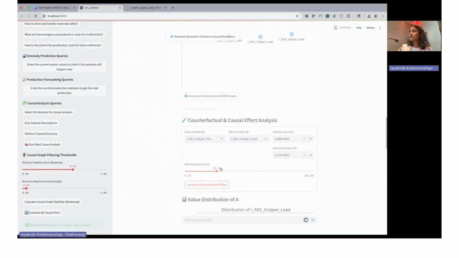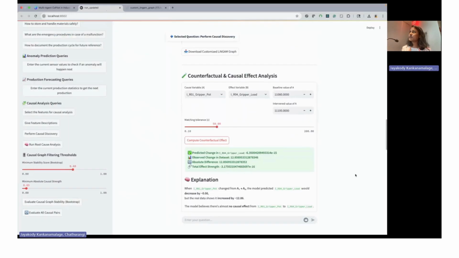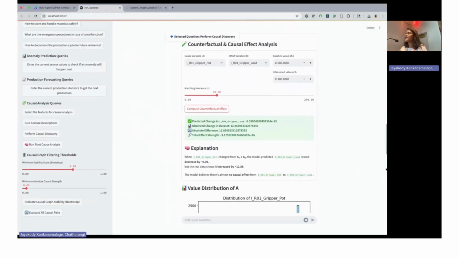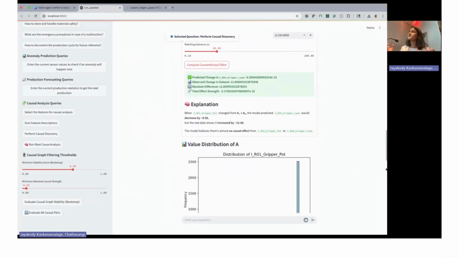And then he can change the range also, like check between 50 values up and down in this particular range, and then it will check with the observational data and see if the same causal relation can be seen in the observational data and also the causal graph. And it is giving a very good explanation of whether the observations are different and what the reason is.